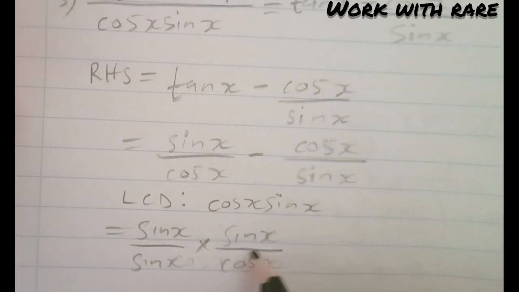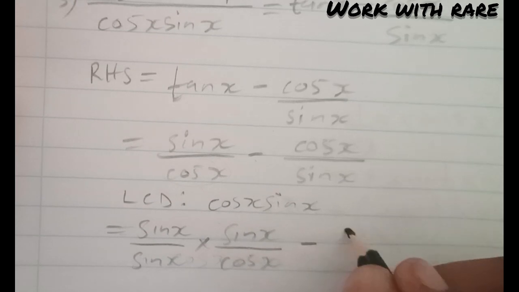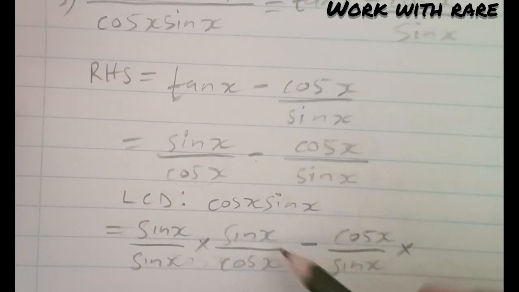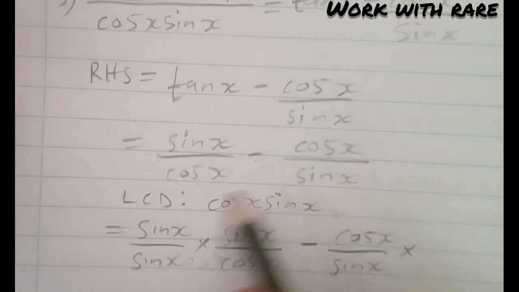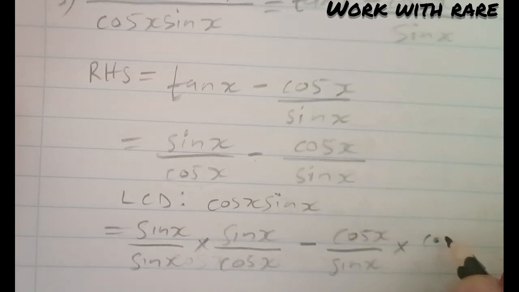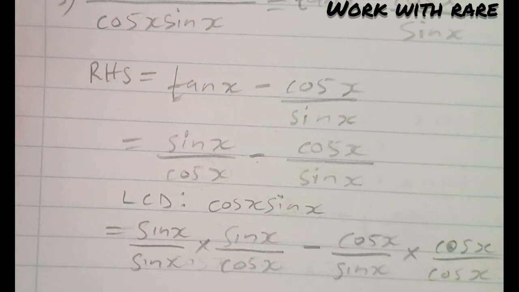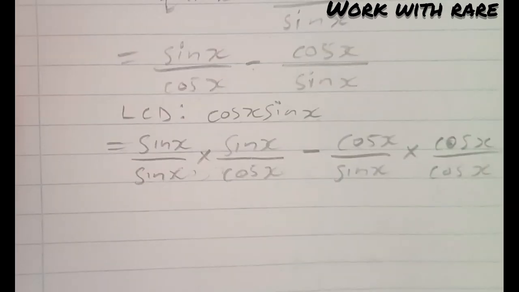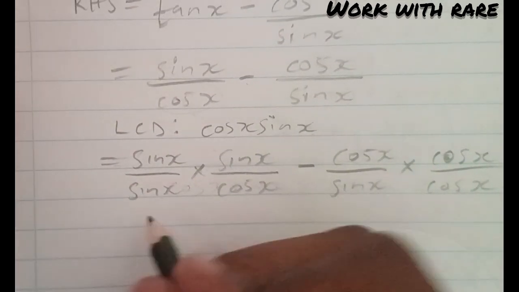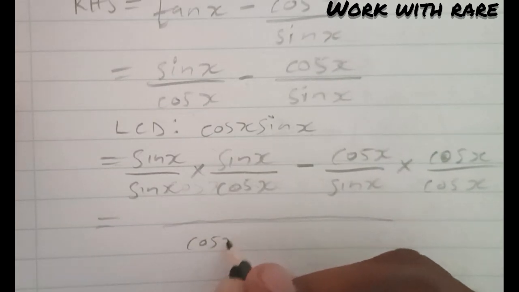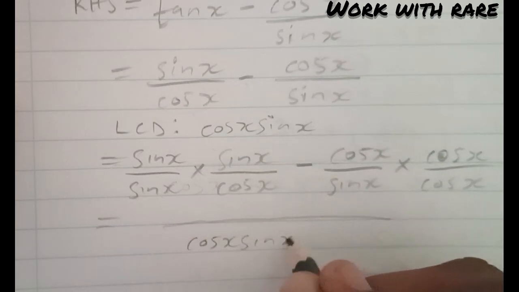Here I have minus cos x over sine x, multiplied by, since I have sine and my LCD needs cos, cos x over cos x. My next step is to write my LCD, which is cos x sine x.